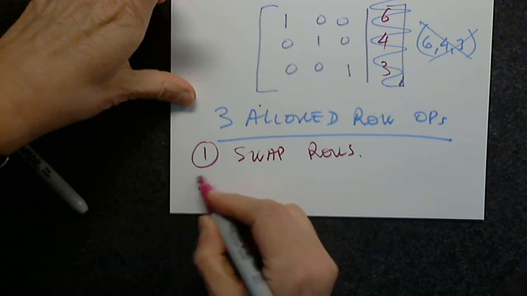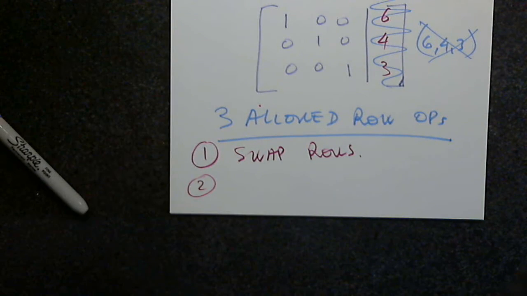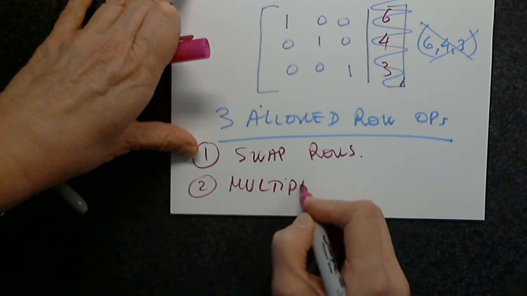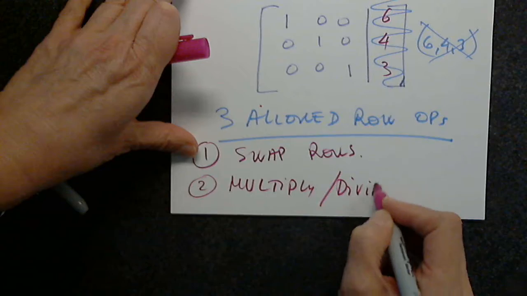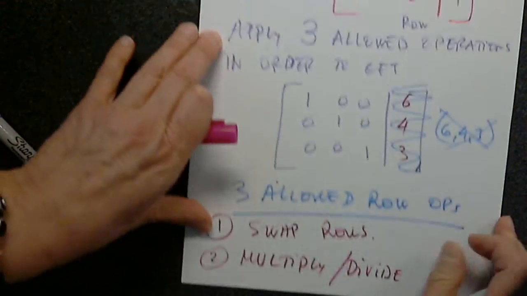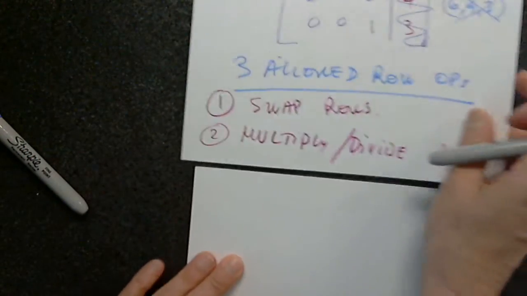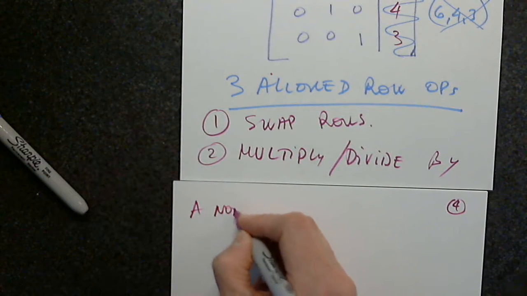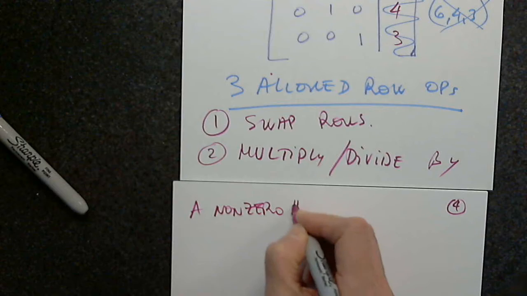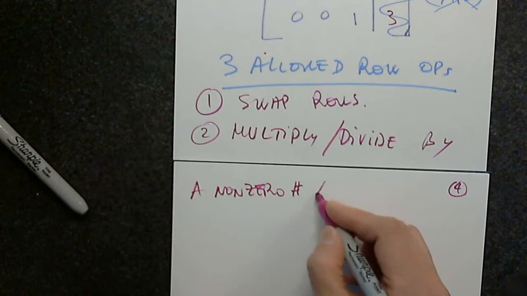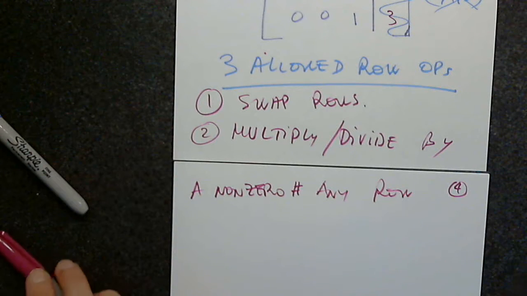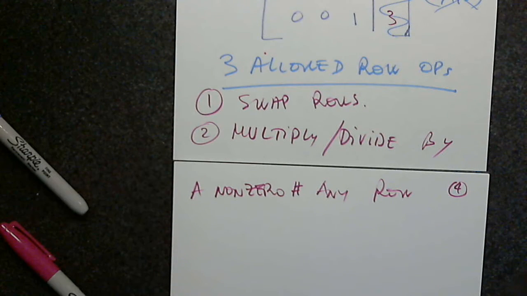Here's number 2. The second row operation is to multiply or divide any row by a definitely non-zero number. And you could say, wait a minute, we did that.